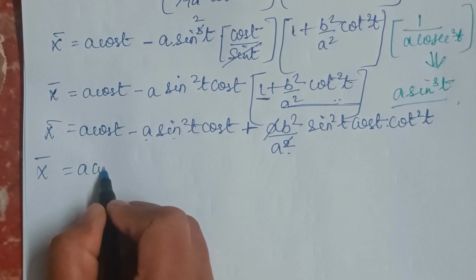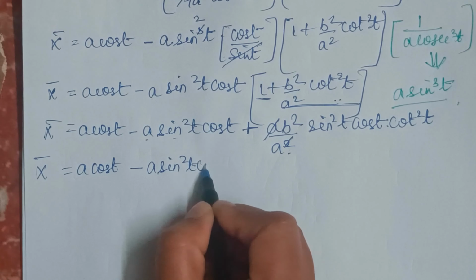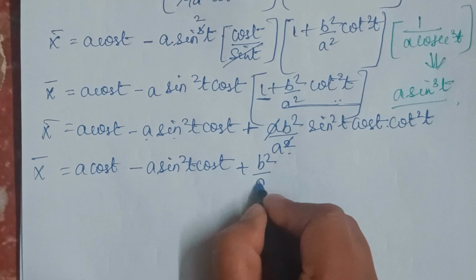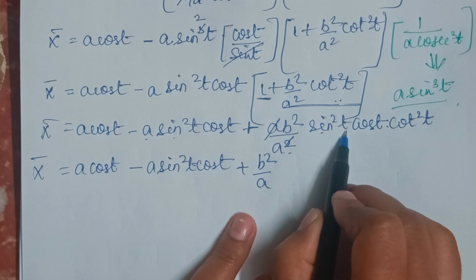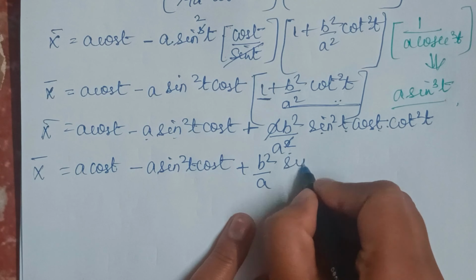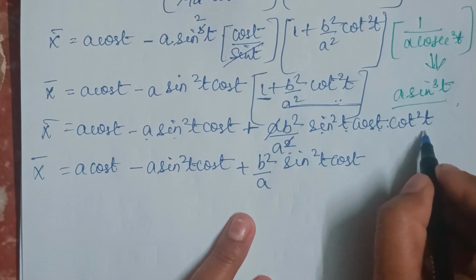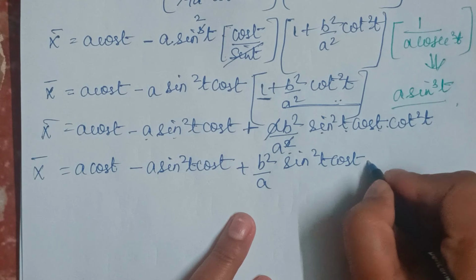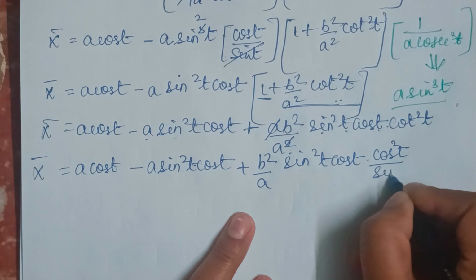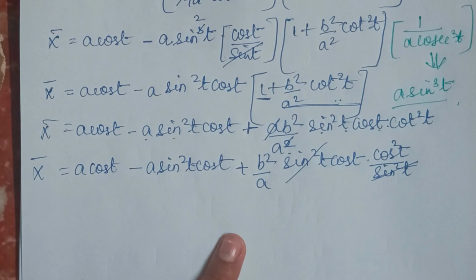So it becomes a cos t minus a sin square t cos t plus b square by a, sin square t I have here and cos t. So I will write that as it is. Okay, and cot square t can be written as cos square t divided by sin square t. So sin square t and sin square t will get cancelled.